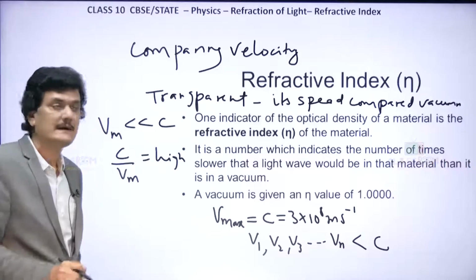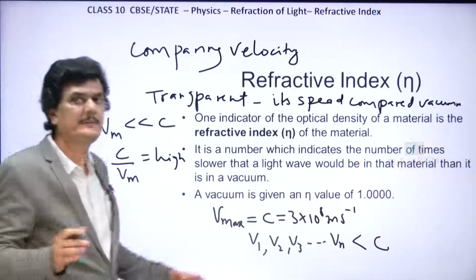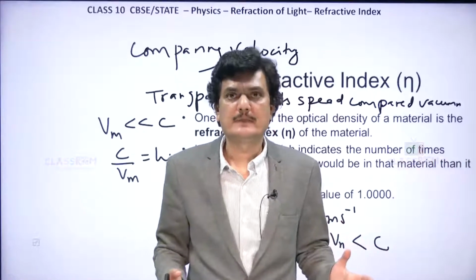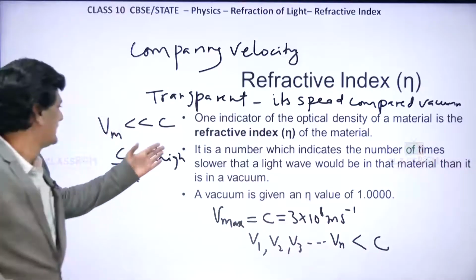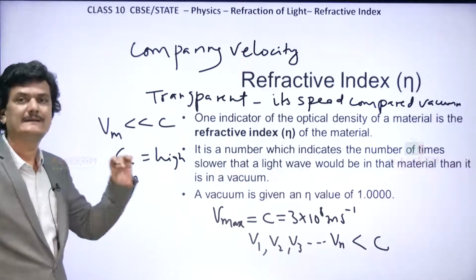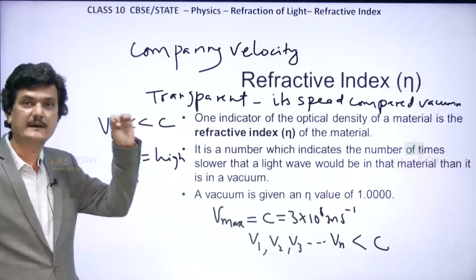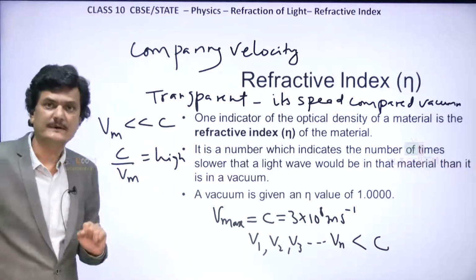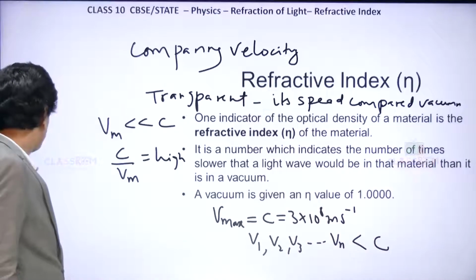In this way, by comparing the velocity in a given medium with respect to vacuum, we arrive at a number, the refractive index of that medium, which is also its optical density. In this way, refractive index helps us measure the optical density.